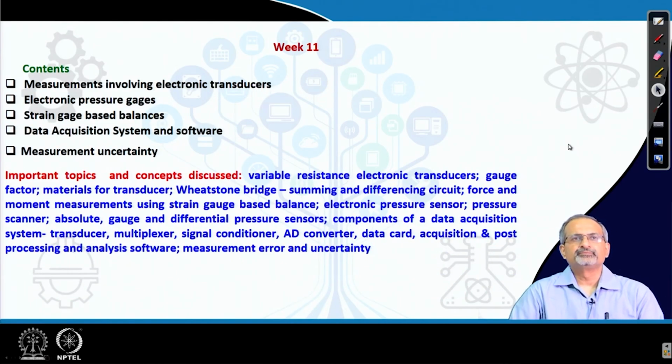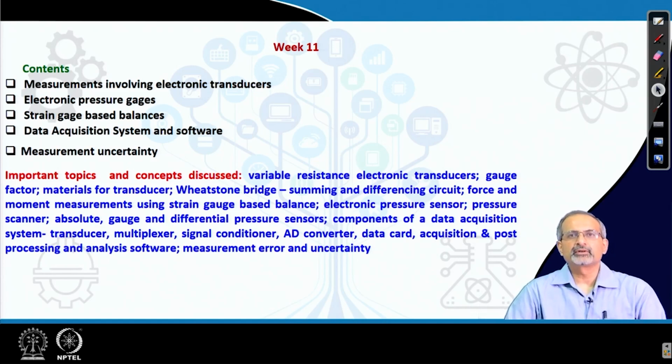In week 11, we discussed electronic methods of measurement in wind tunnels, where we discussed variable resistance electronic transducers, gauge factor of such transducers, materials, then Wheatstone bridge arrangements both in summing and differencing circuit, force and moment measurements using strain gauge based balance, electronic pressure sensors and scanners, and we also categorized them as absolute, gauge and differential pressure sensors.